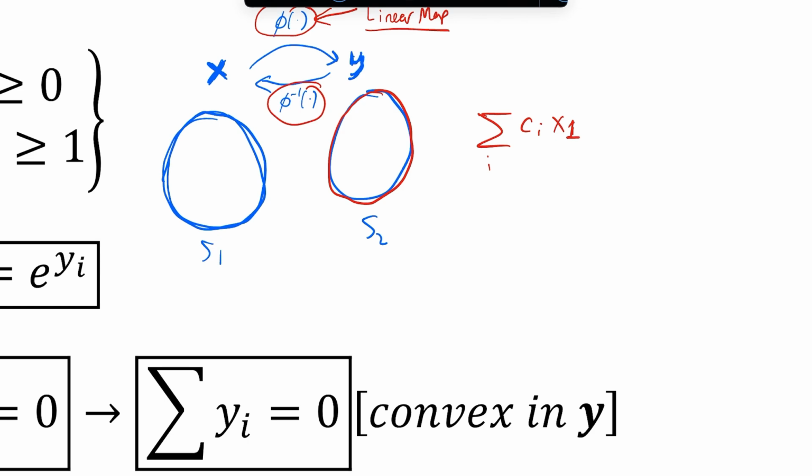Let me write x1, x2, xm. Okay, this is alpha 1i, this is alpha 2i, alpha mi. All those alpha terms are real, and this is crazy, by the way.